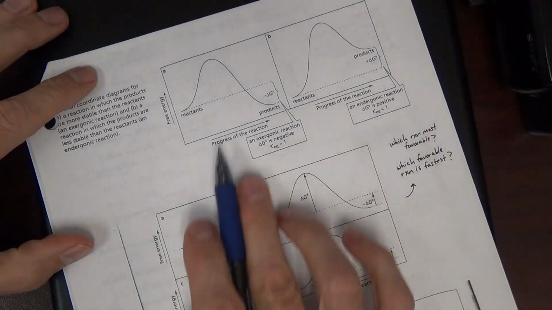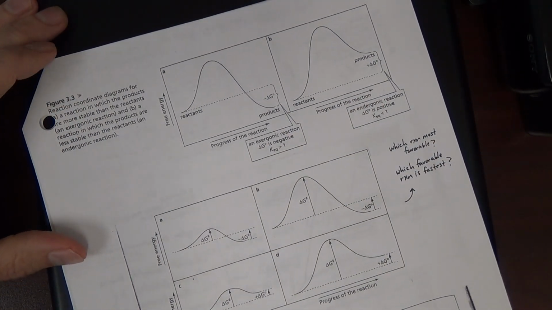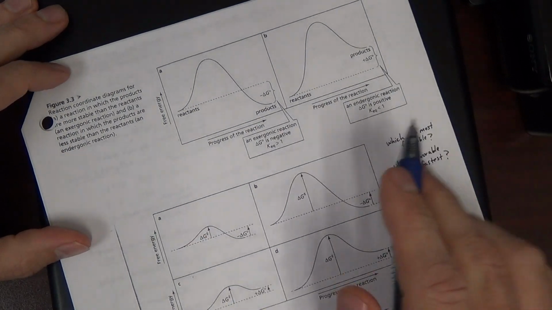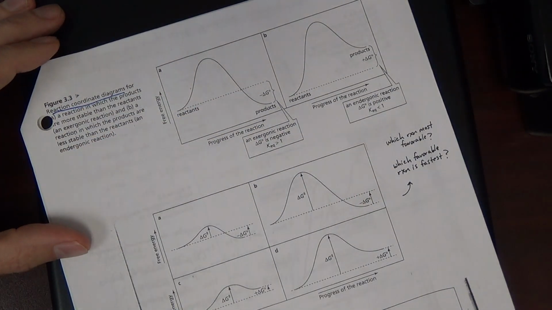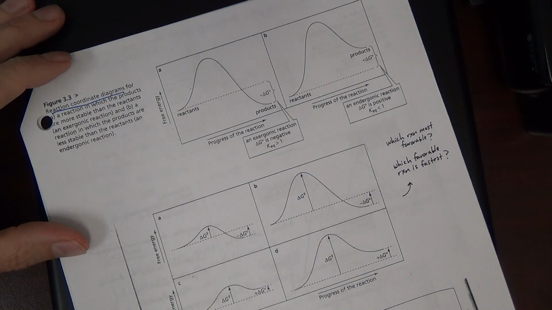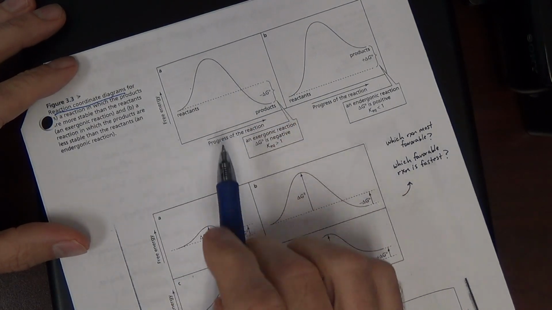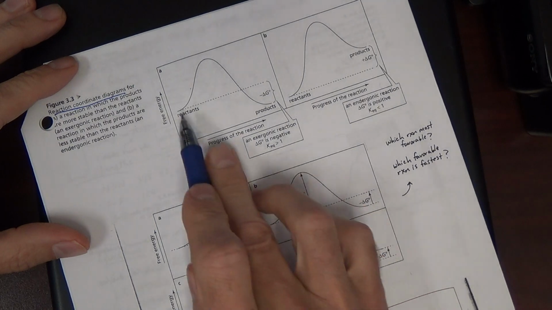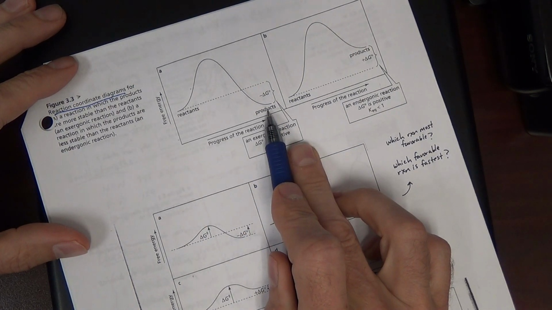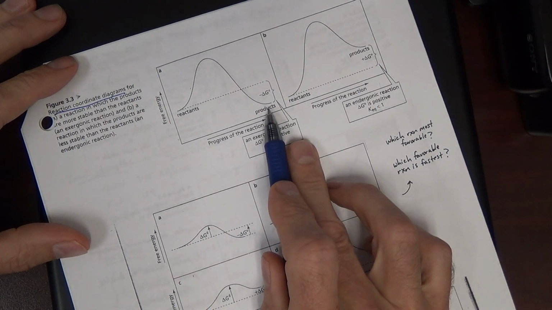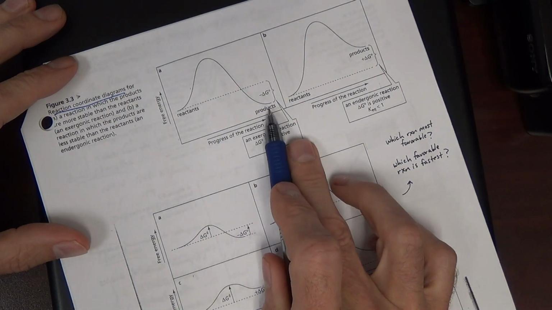Okay, we need to become familiar with and be able to use reaction coordinate diagrams. These diagrams are going to show the progress of the reaction, where you start with reactants and end up with products. It may be a complete reaction, or it may just be a partial reaction.